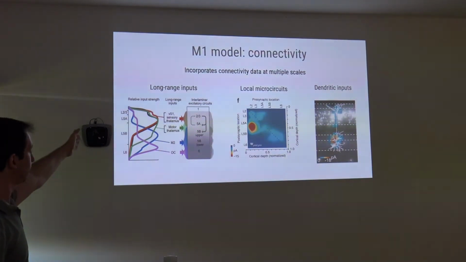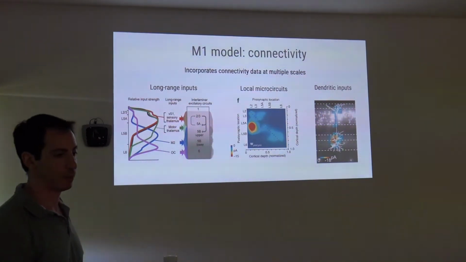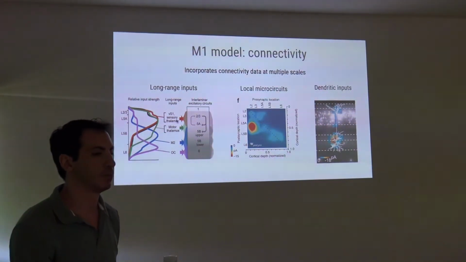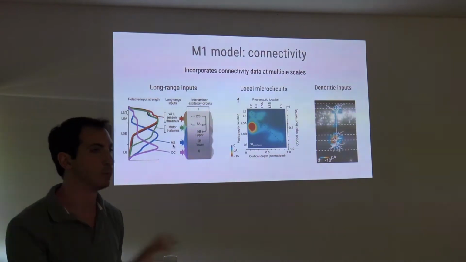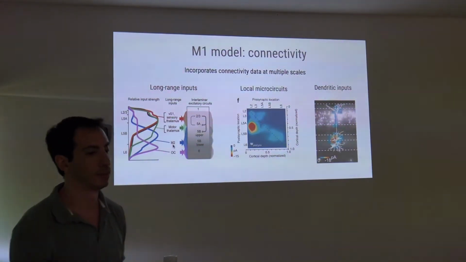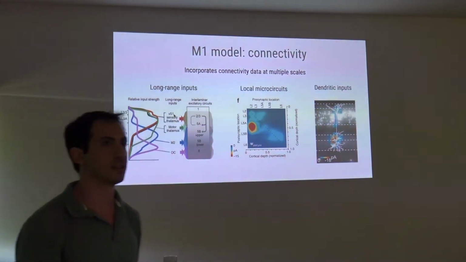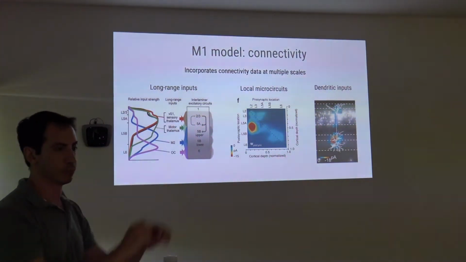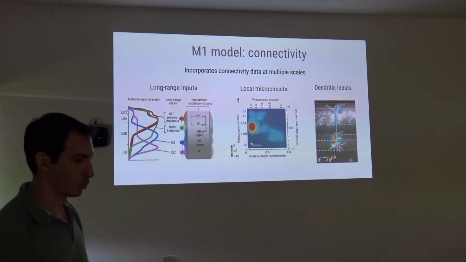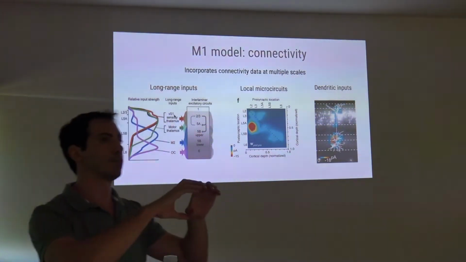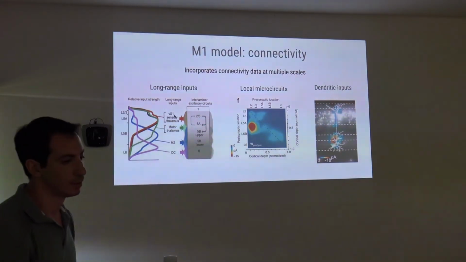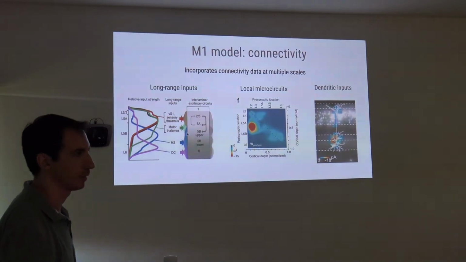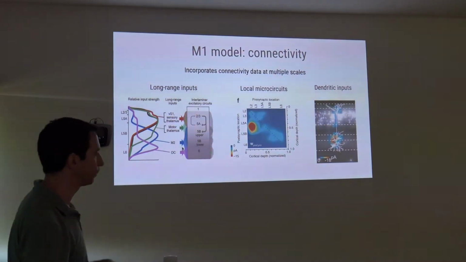So for example, for that we used data from one of Gordon's papers, where he's showing the inputs from different parts, for example, thalamus or M2, which is the secondary motor cortex, or S1, which is the somatosensory cortex, where these inputs connect to, and those are very specific. So for example, the S1, they project mostly to the neurons in the layer 2. The M2 inputs project mostly to the neurons in the layer 5B. Okay, so it's a very specific connectivity pattern that we incorporate here.